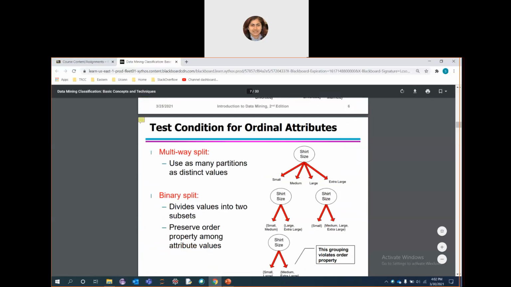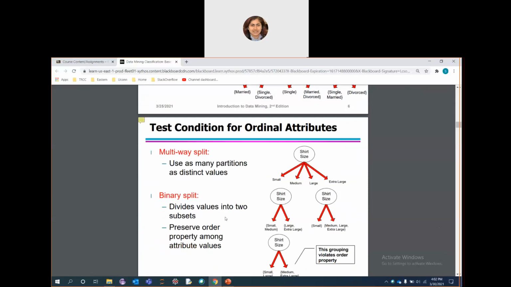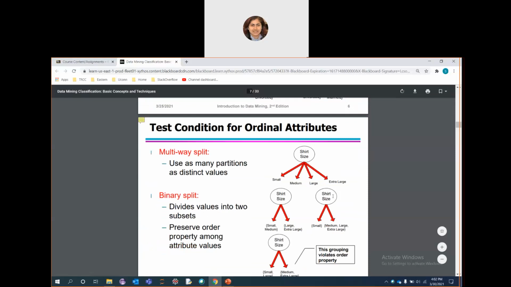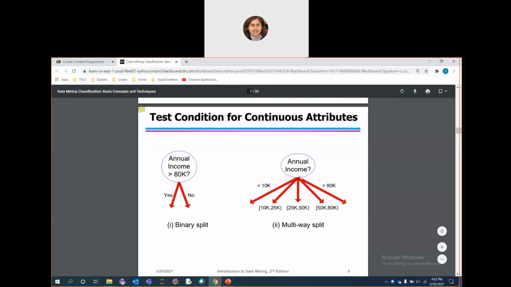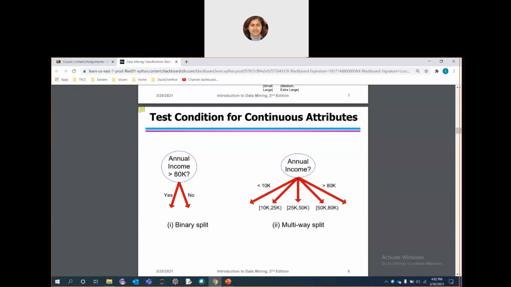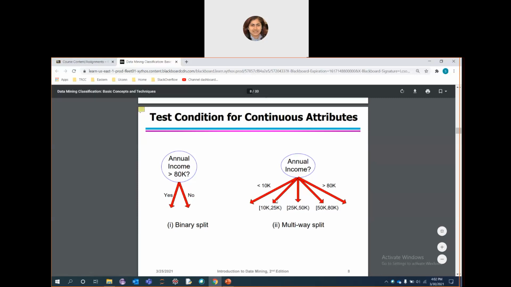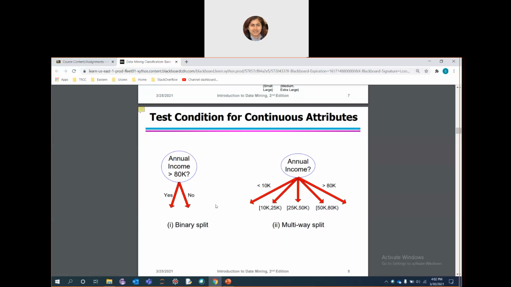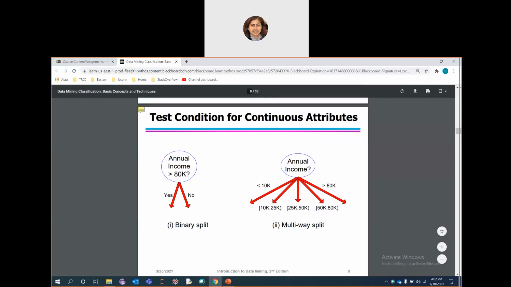How do we perform the split based on multi-way or binary split, as well as in case of continuous attributes too. So while creating decision trees, we need to emphasize what the different attributes being used inside the dataset are, and what the different ways are in which they can be split correctly.